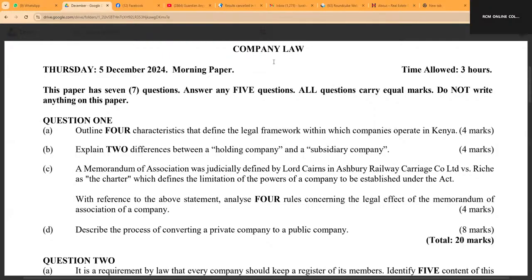Explain two differences between a holding company and a subsidiary company. Yes, a holding company and a subsidiary company. Of course, this one we learned about under the types or classifications of companies.